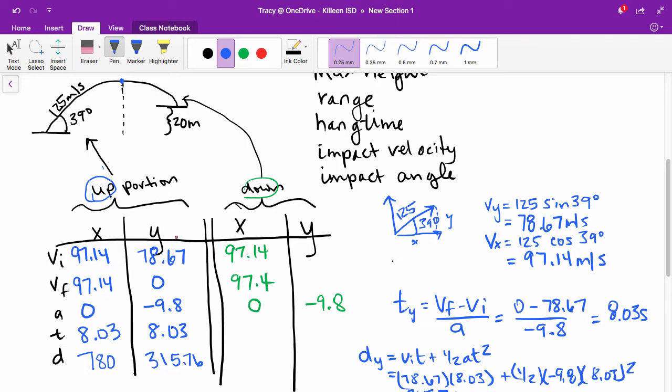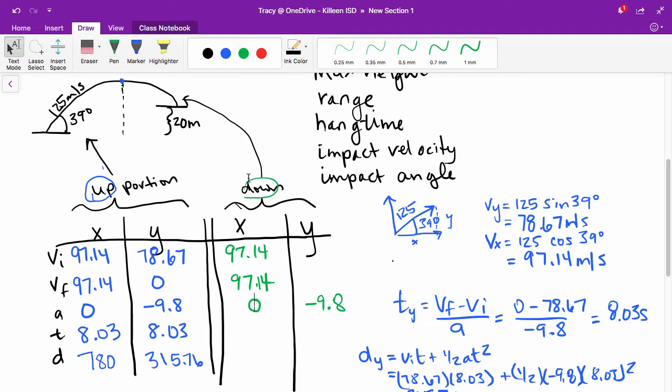So now we have to think about the down portion. I'm going to switch to green. So for this, we do know that the x velocity is the same. That hasn't changed. Our acceleration in the x direction is still 0. Oop, I forgot my 1. And our acceleration in the y direction is negative 9.8.